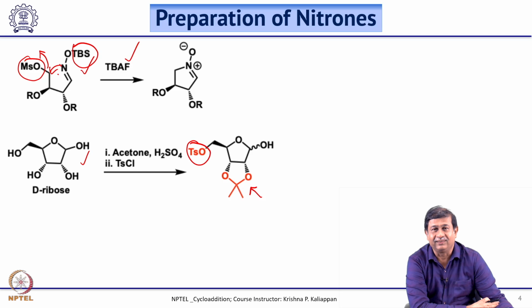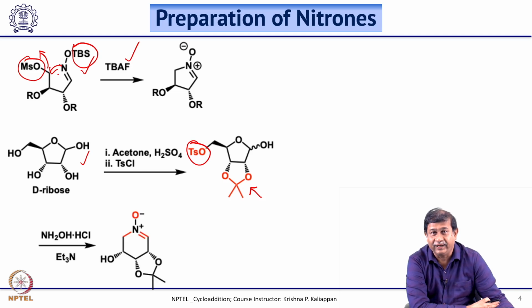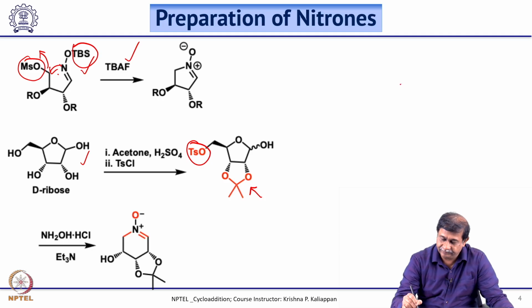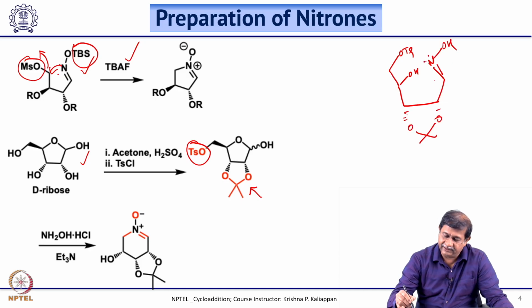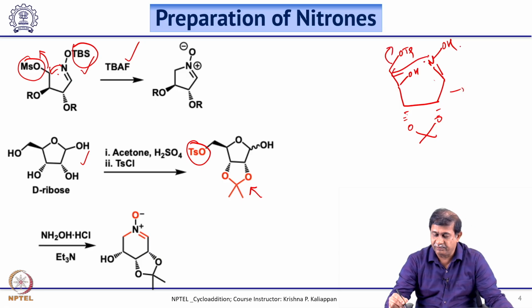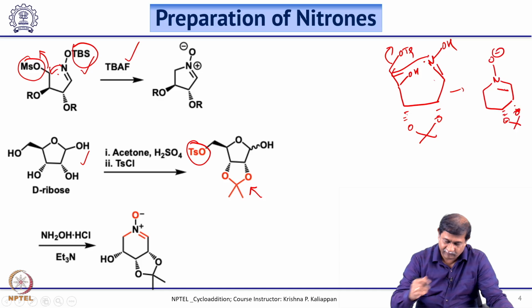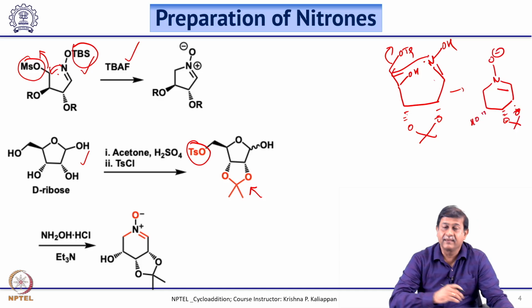Now if you take this lactol and then react with hydroxylamine hydrochloride in the presence of a base like triethylamine, in situ it forms first the corresponding oxime, and the lone pair on the nitrogen does the SN2 reaction, followed by loss of a proton, which gives the corresponding 6-membered nitrone.